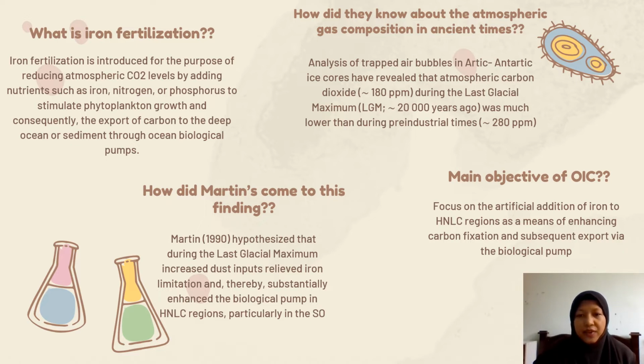There are very significant differences regarding the composition of atmospheric gases in the present and the past, where the composition of carbon gases in ancient times is lower compared to today.